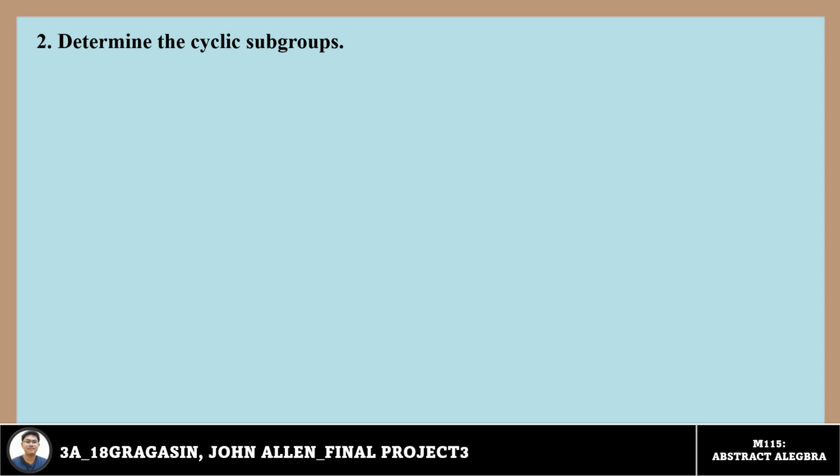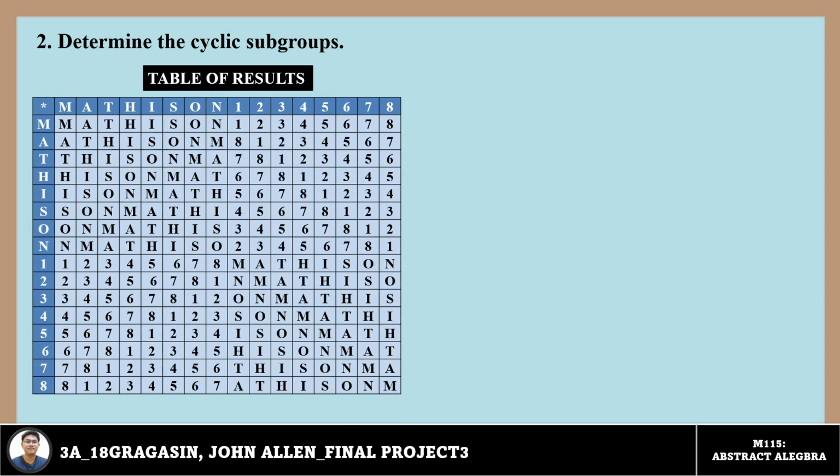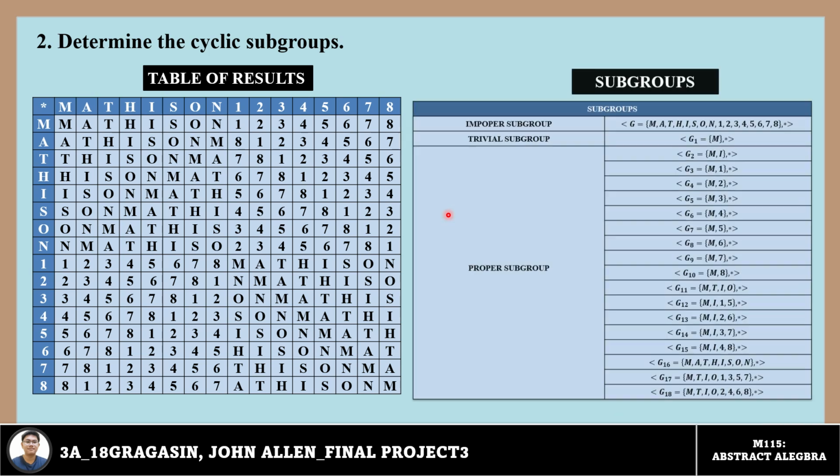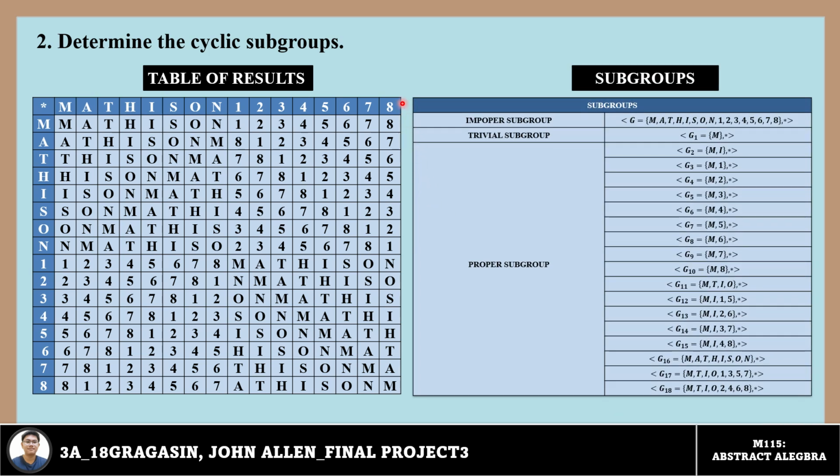Next, we need to determine the cyclic subgroups. So here is our table of results, and then these are the identified subgroups from our previous task.